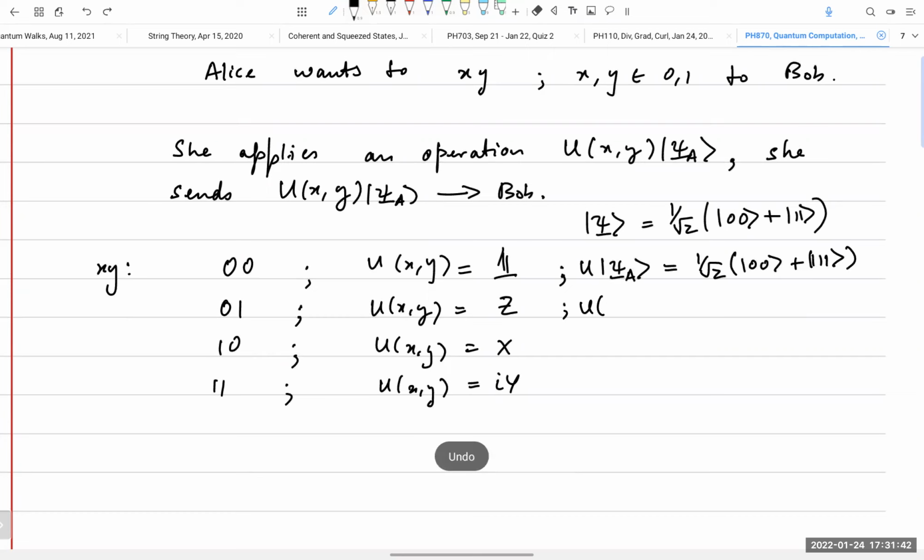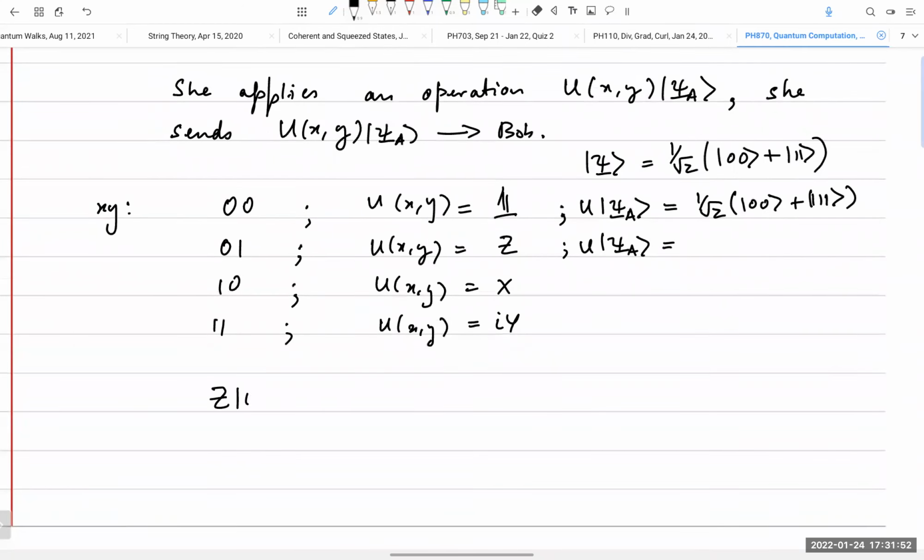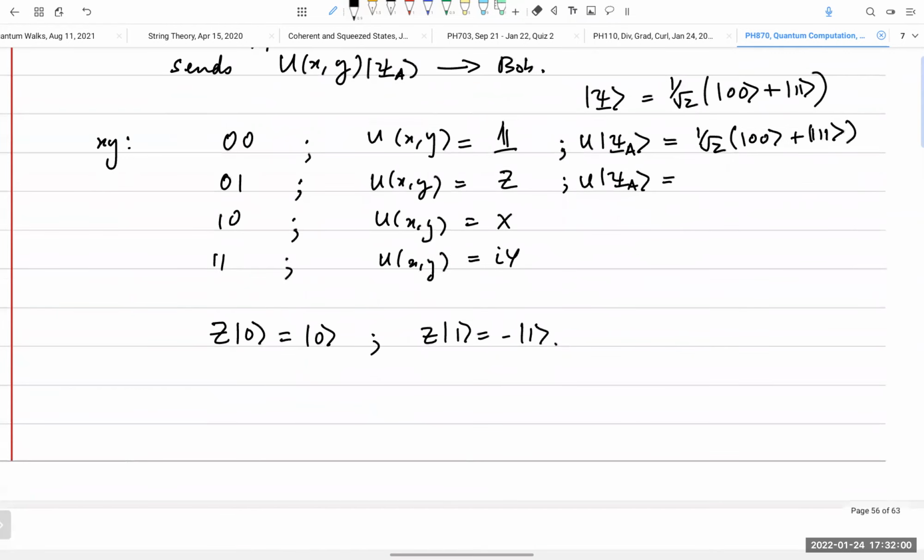What happens when she applies the Z gate to her qubit? Now, what does the Z gate do? Z acting on 0 gives you 0, and Z acting on 1 gives you -1. So the global state of the system becomes |00> - |11>.